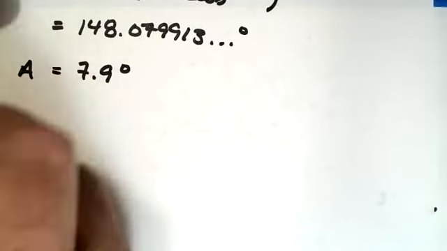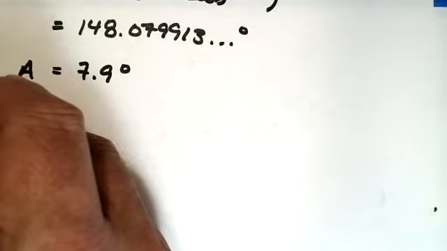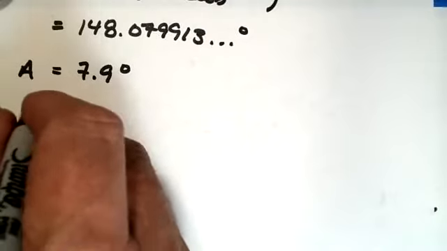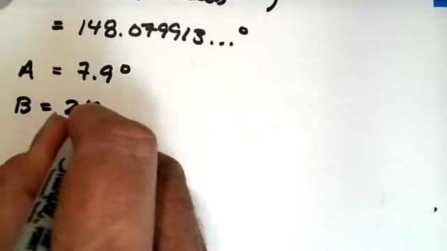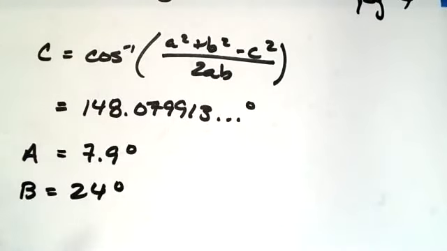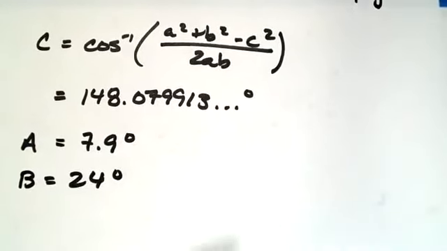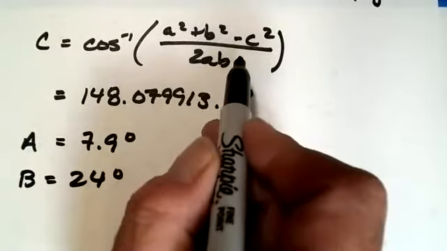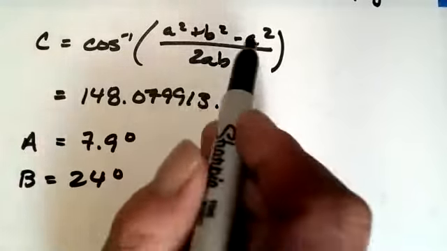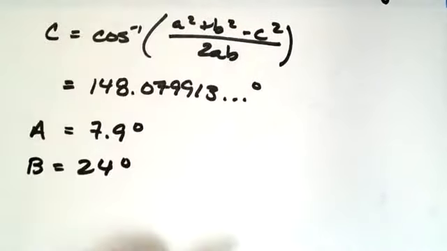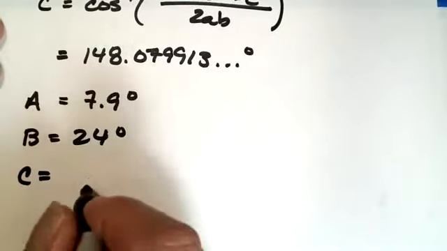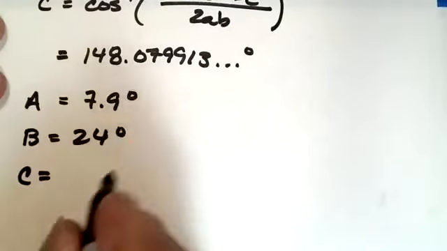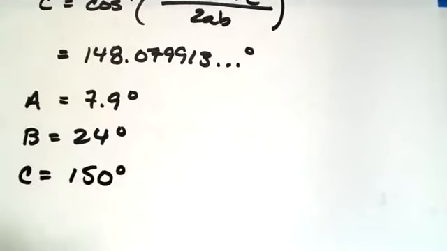And I'll show you why. Because when you then find B, well, B was given. And remember, here's C calculated using the law of cosines. We also got basically the same number when we used interior angles equal to 180. But notice this only has 2 significant digits. The same argument can be used for this. It should only have 2 significant digits. So C, rounded off to 2 digits, is 150 degrees.